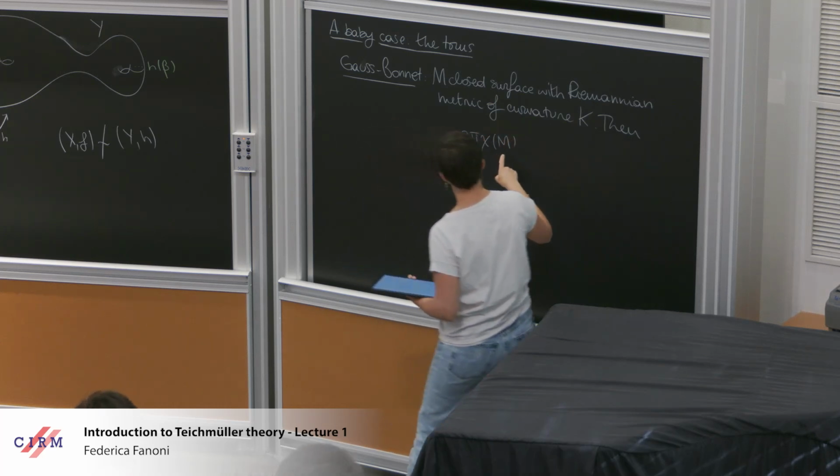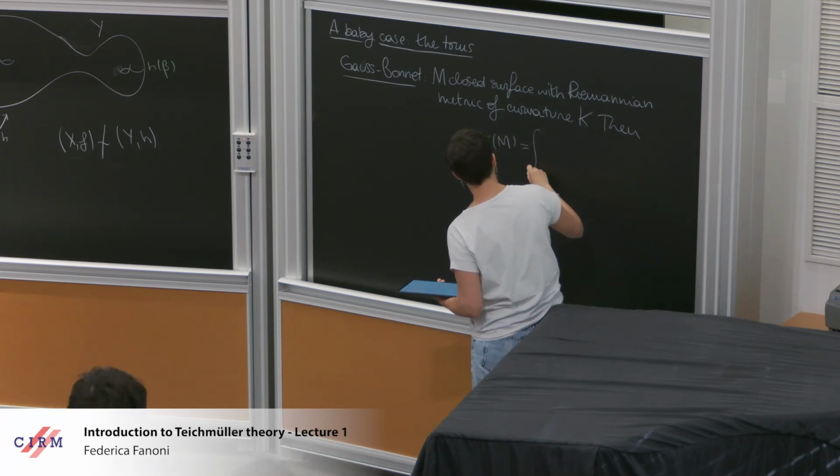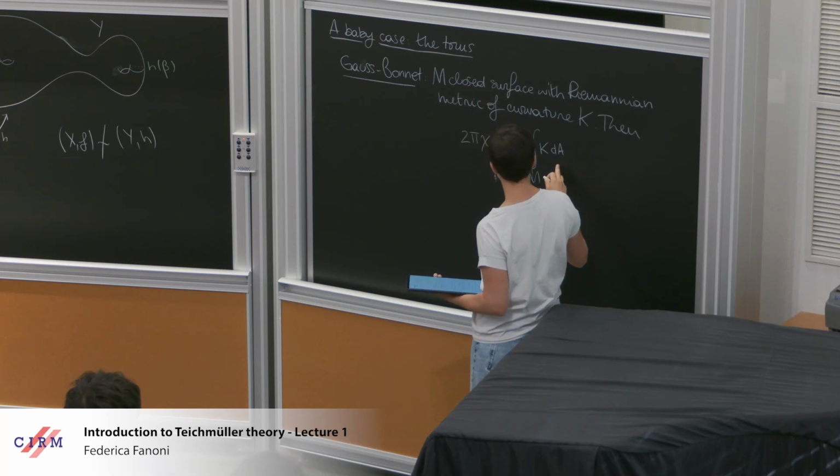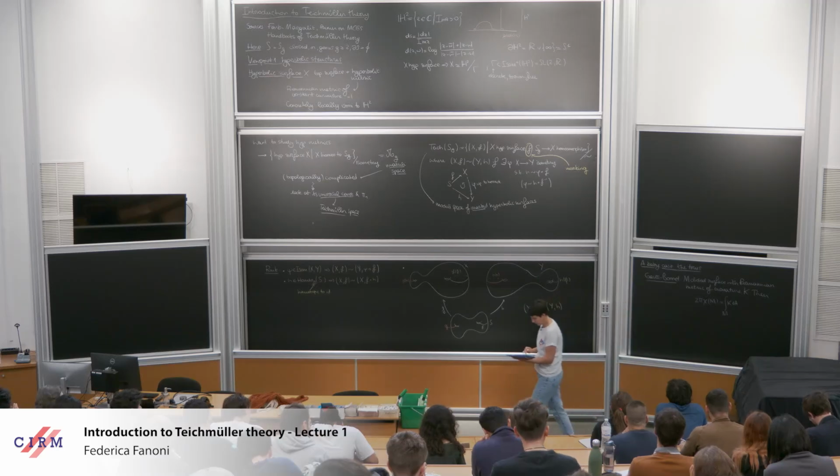So 2 pi times the Euler characteristic of the surface is the same as the integral over the surface, with respect to the area, of the curvature.